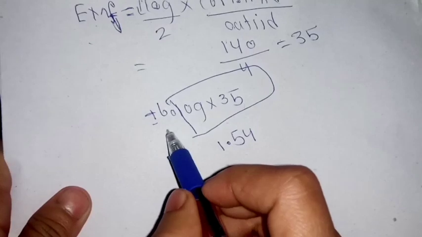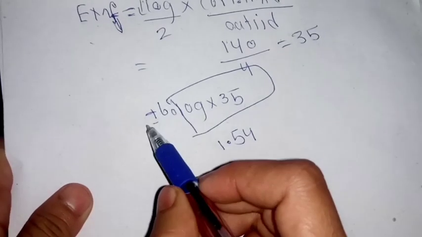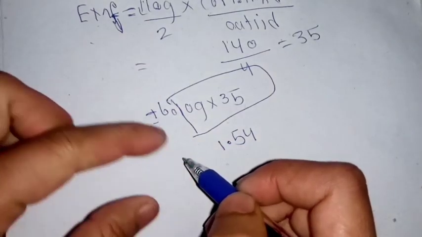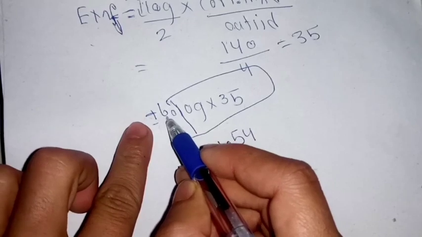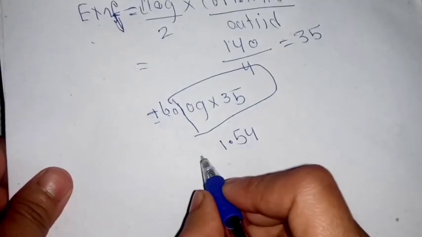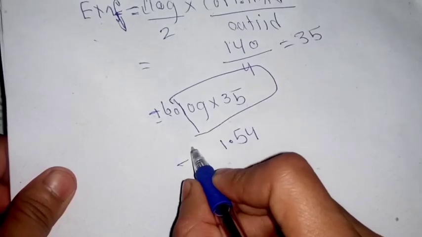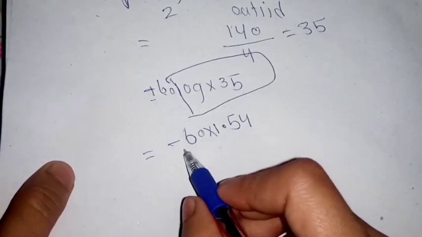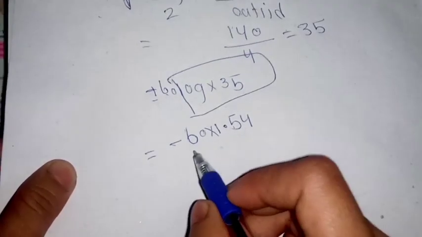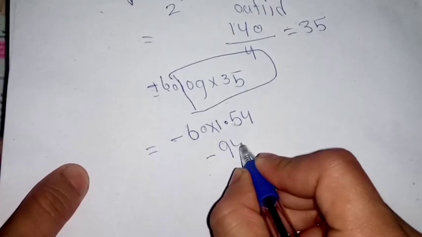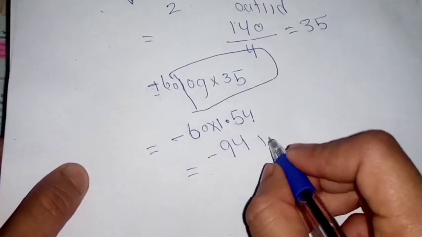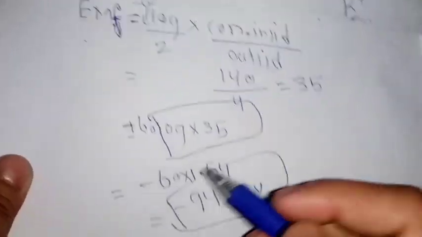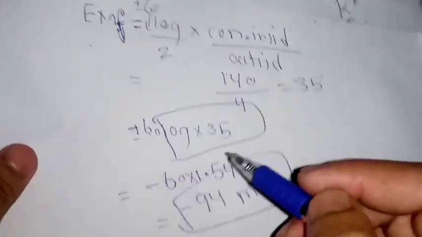Now we have discussed that if the charge which is coming out of the cell is negative, then the sign will be positive, and vice versa. So for the potassium we will take the sign minus 60. When we multiply 1.54 by minus 60, minus 94 millivolts comes as the answer. This is the contribution of potassium in the generation of the resting membrane potential.